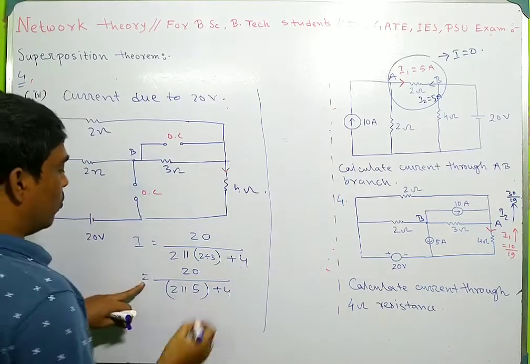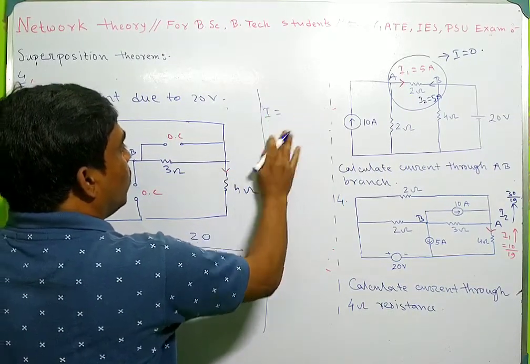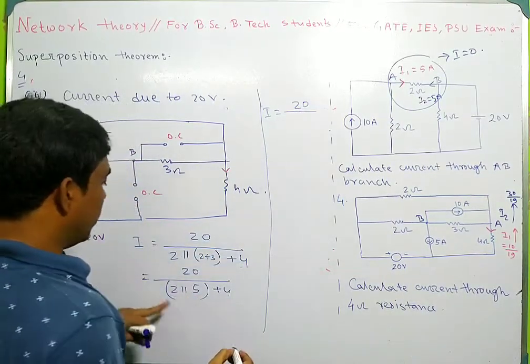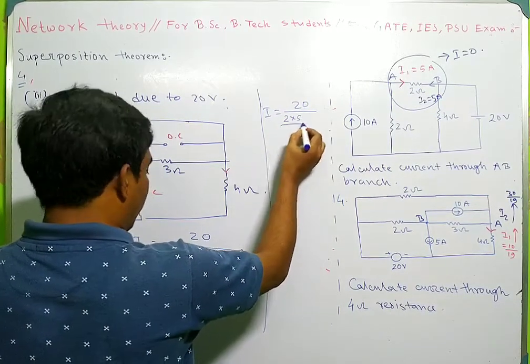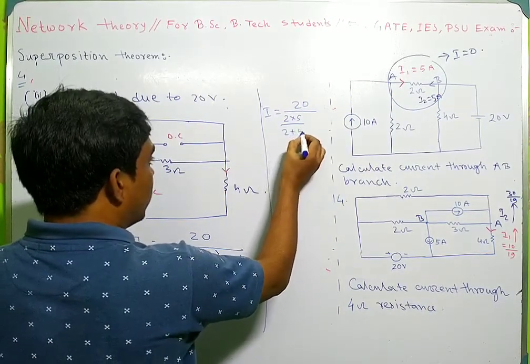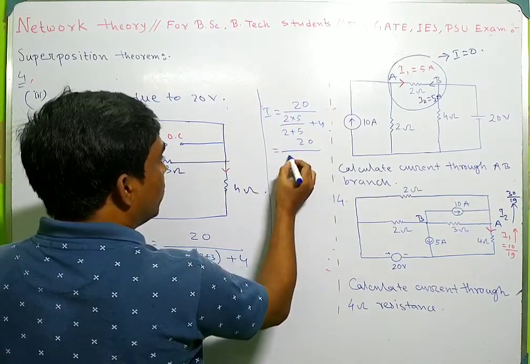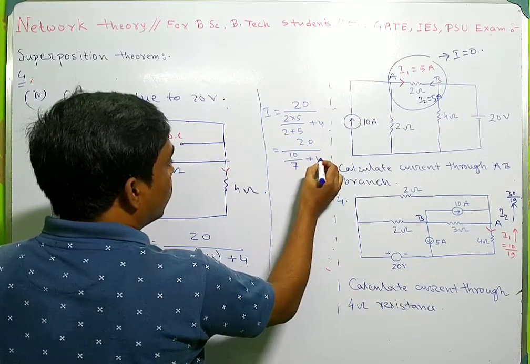So this I will be 20 divided by 2 multiplied by 5 over 2 plus 5, plus 4. So it will be 20 divided by 10 divided by 7 plus 4.